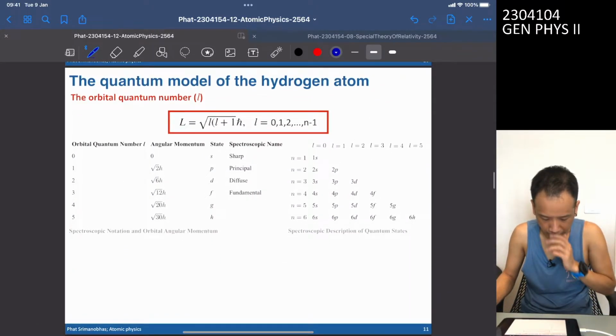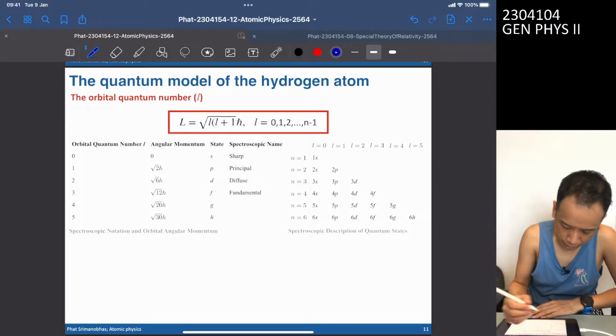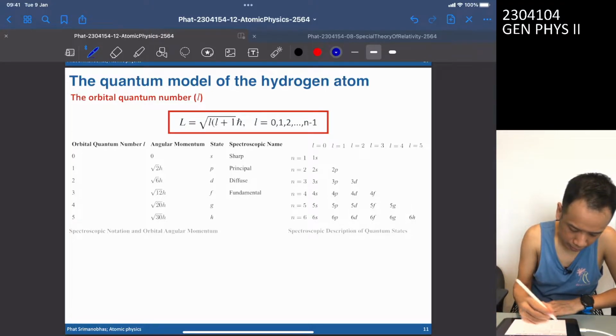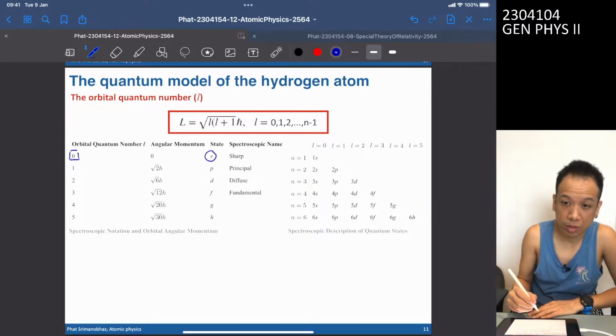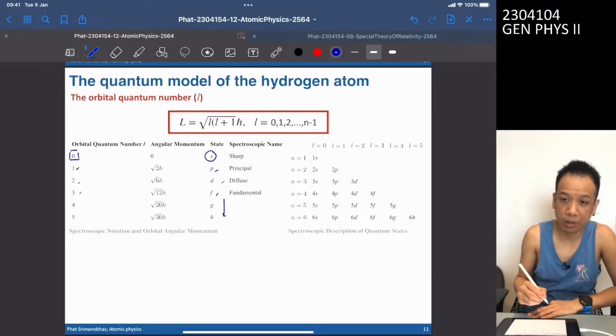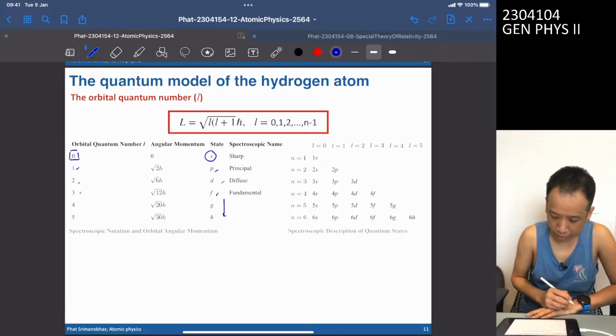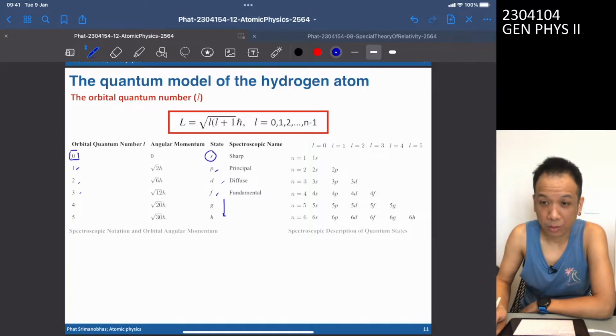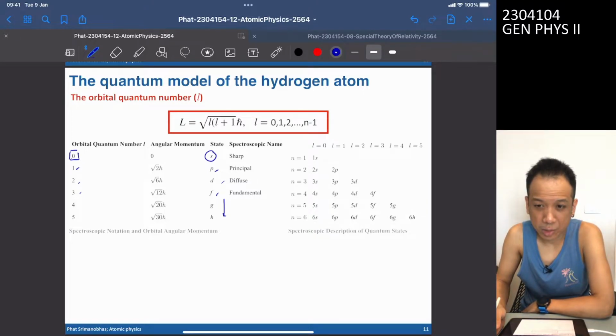For this number, when the orbital angular momentum l is equal to 0, you call the state s. This is historic from chemistry. When it's 1, it's p, 2 is d, 3 is f, and after that it's alphabetical: g, h, i, whatever. This is what we call the spdf in chemistry.